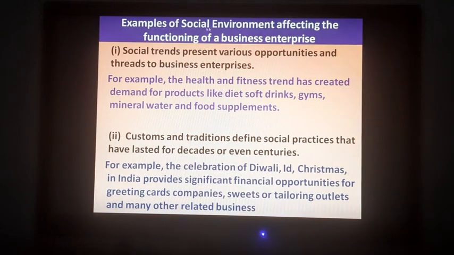Now, some examples of social environment affecting the functioning of business enterprises are: social trends present various opportunities and threats to business enterprises. For example, the health and fitness trend has created demand for products like diet soft drinks, gyms, mineral water and food supplements.